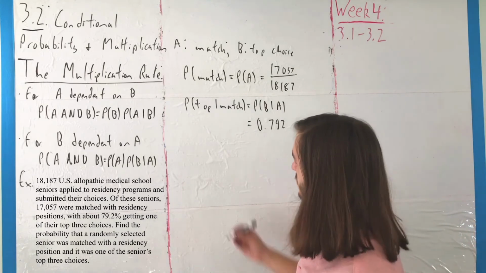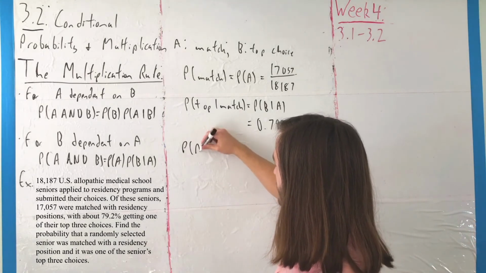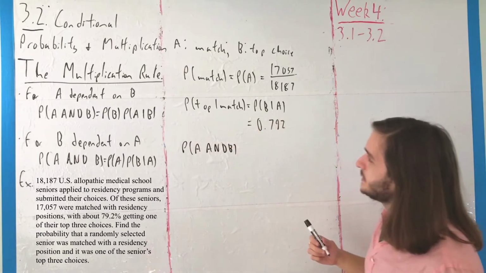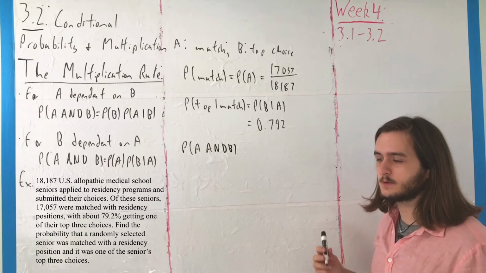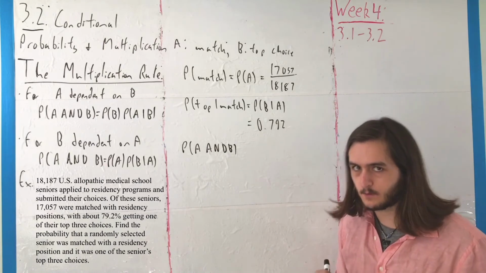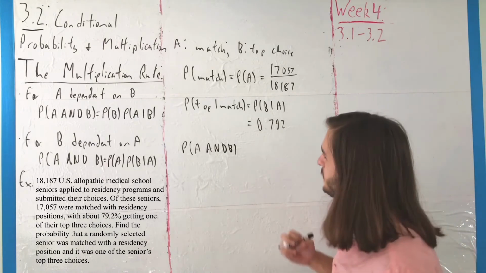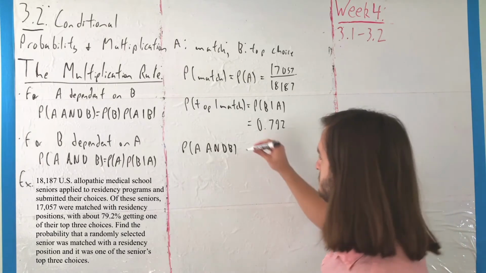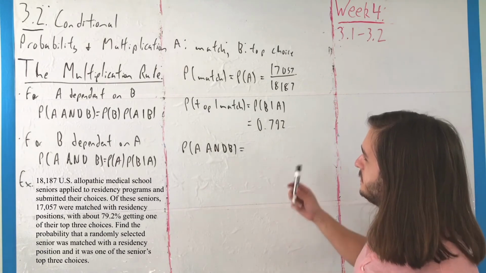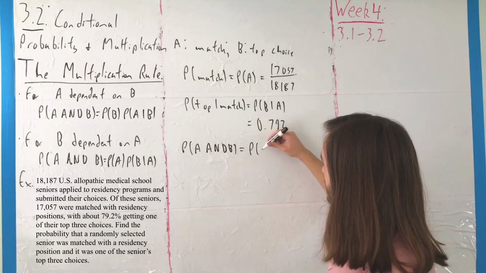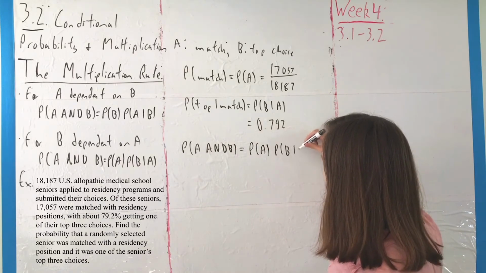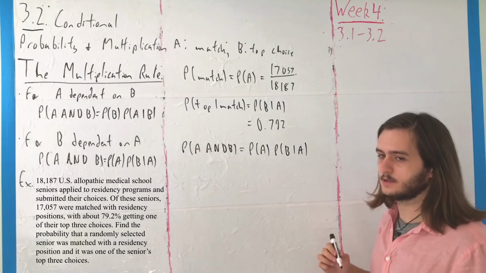So if we want the probability of both of these things, A and B, that is, we get a match and a top choice, we have to bear in mind that we're looking at that top choice given that they were a match, because you can't have both without that conditioning. Well, it's just going to be the product of the match with the choice given the match.